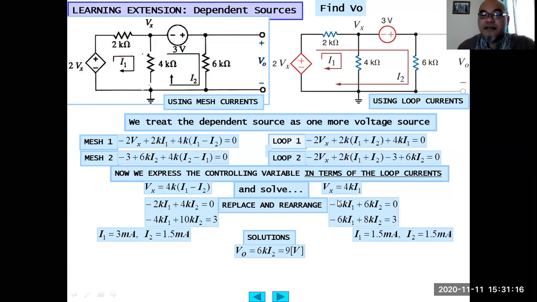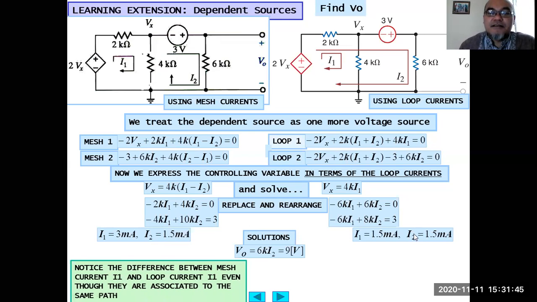But we will obtain the same solution. V out will equal 6k multiplied by I2, right? And I2 for both methods has the same result, 1.5 milliampere. So the output equals 9 volts with either method. They both have the same results.